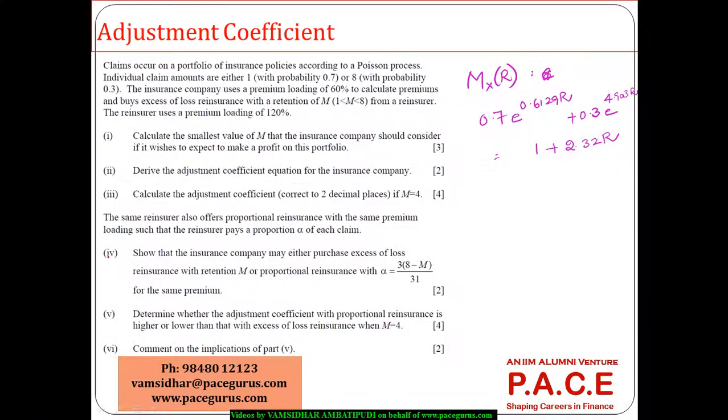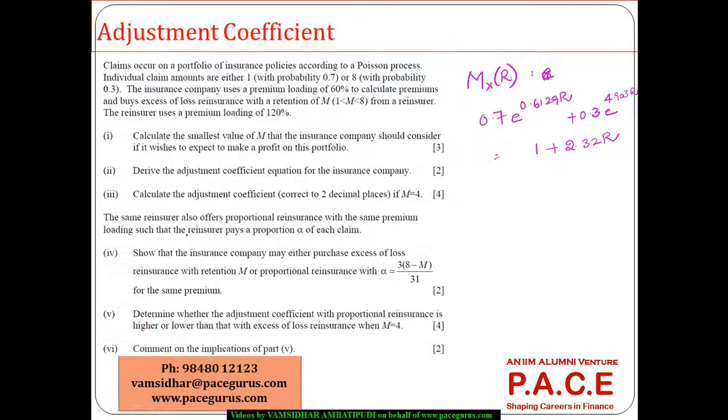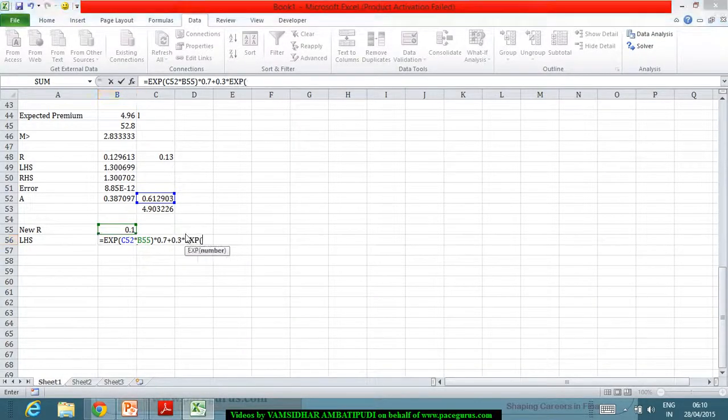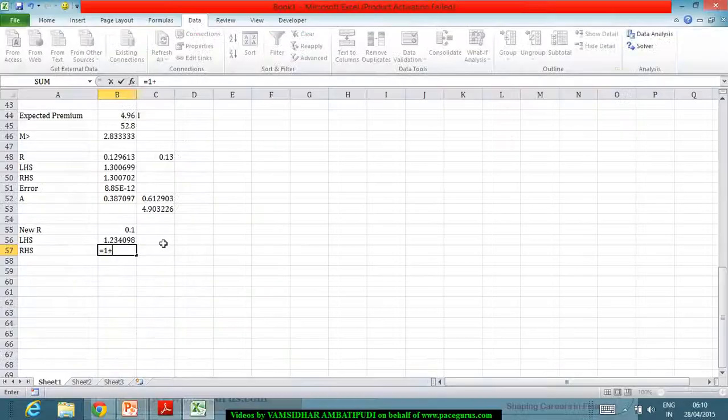Left hand side will become e to the power of 0.6129 times R times 0.7 plus 0.3 times e to the power of 4.903 R. So the left hand side is working out to this, and from here I can work out my right hand side is 1 plus 2.32 times R.